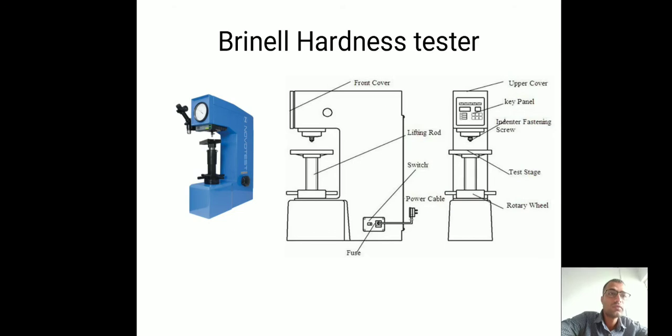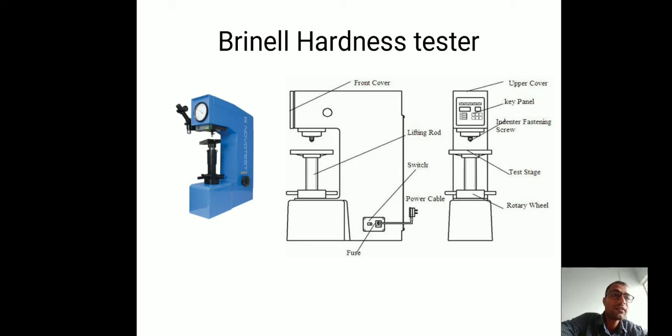Now what we have to do? We have to start the electric supply. Once the electric supply is started, we have to take a specimen whose hardness we have to measure, and place that specimen on the test stage.